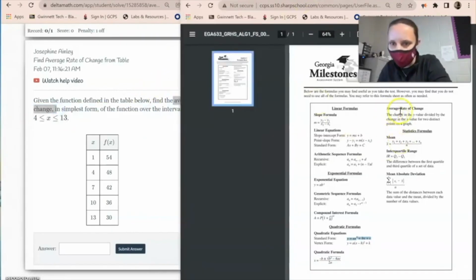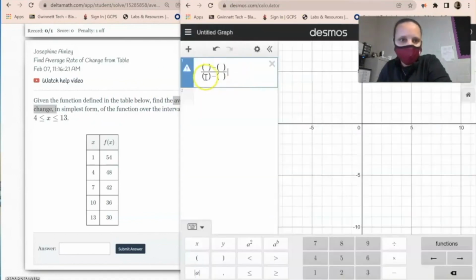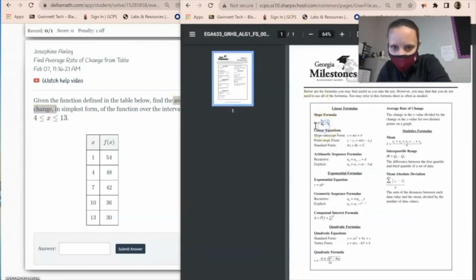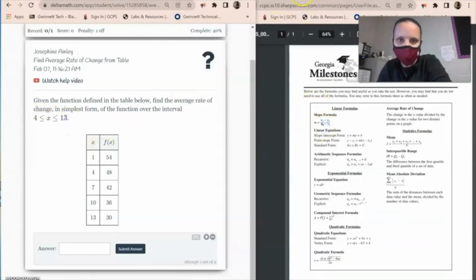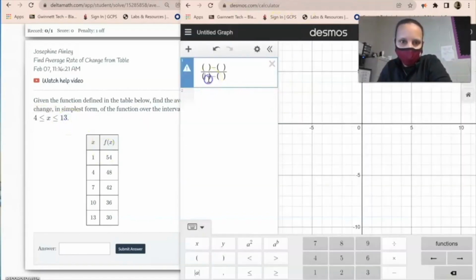So if you go look right here, average rate of change, it says the change in the y divided by the change in the x. And if you look to the left, they give you the values. So you can see x on the bottom, y on the top. So x on the bottom, and it looks like it's which x? X2 first, so the second one. So the second one is 13, and then the first one, which is 4.